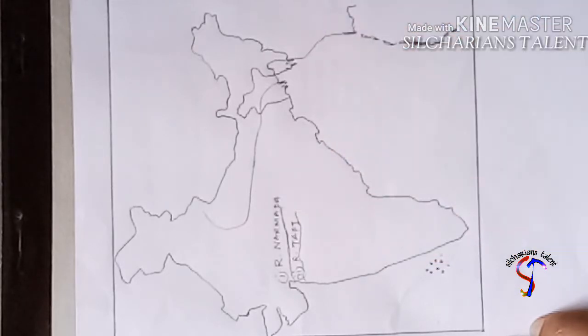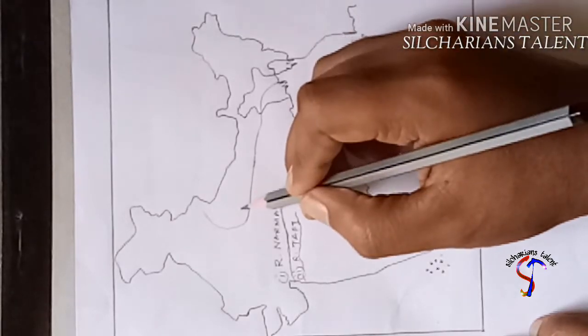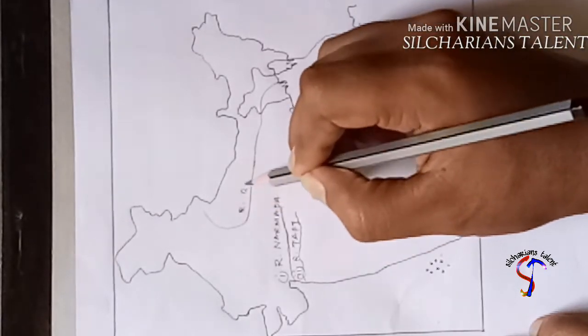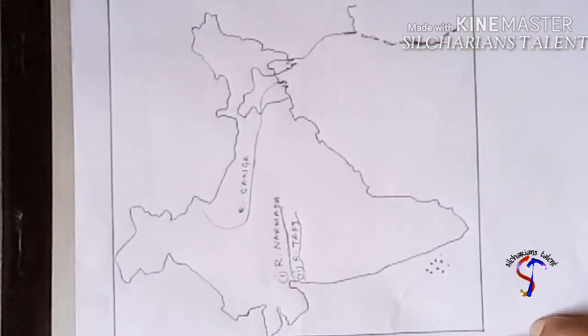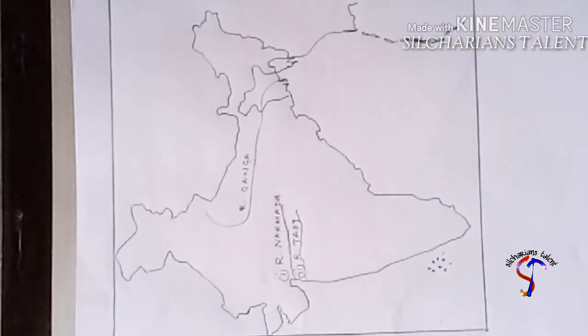In some cases they write TAPTI. Both are correct, there is not much of a difference. This is river Ganga. Some used to say river Ganges, so you can write it, there is no problem. Write what is asked in the question. But as I told you, indicate the question number without fail.